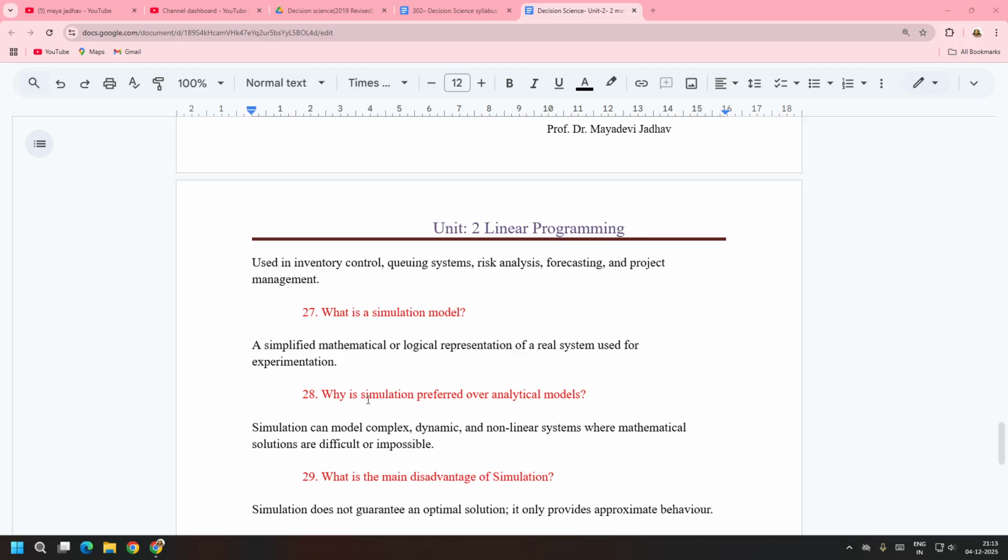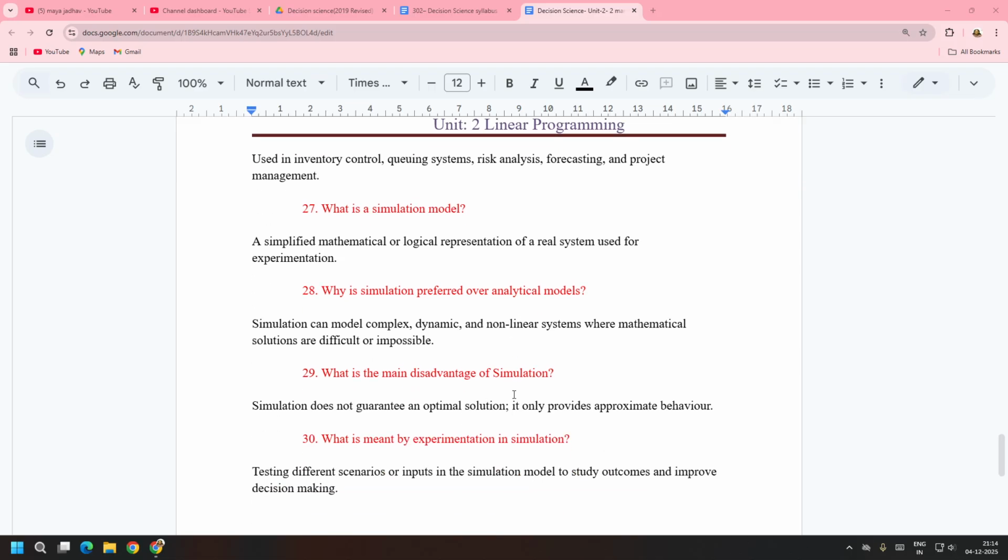Why is simulation preferred over analytical models? Simulation can model complex, dynamic, and non-linear systems where mathematical solutions are difficult or impossible. What is the main disadvantage of simulation?